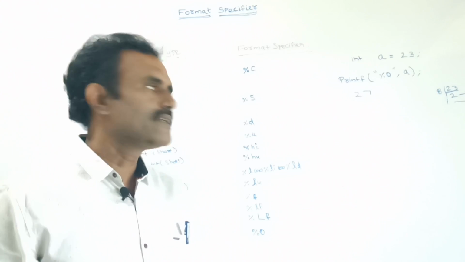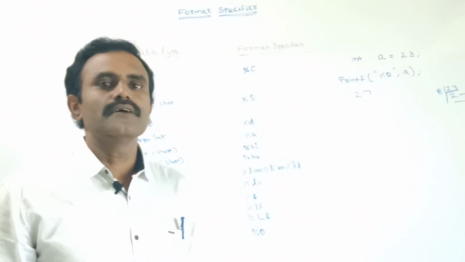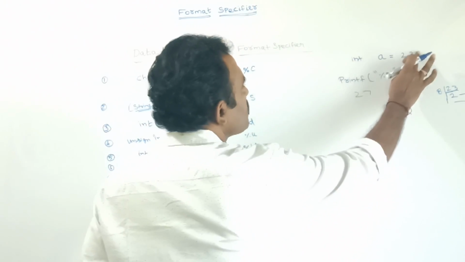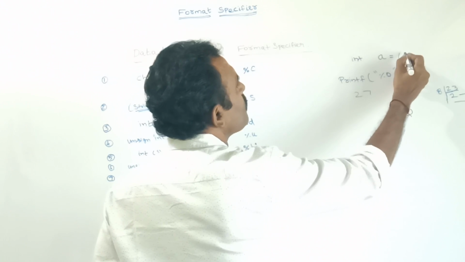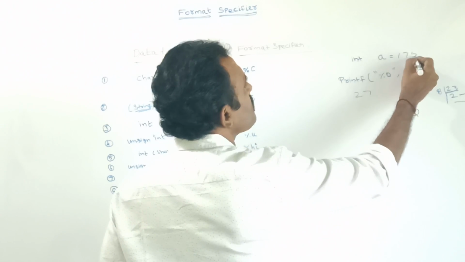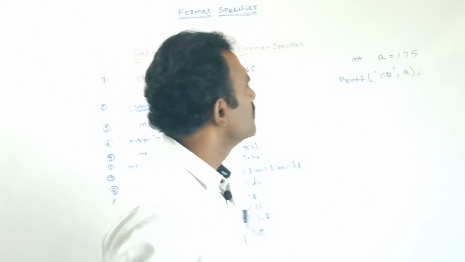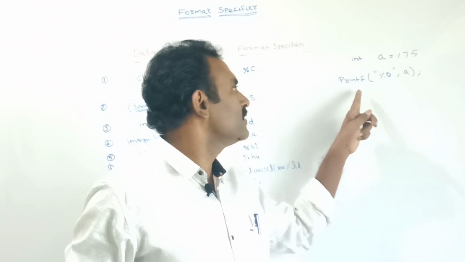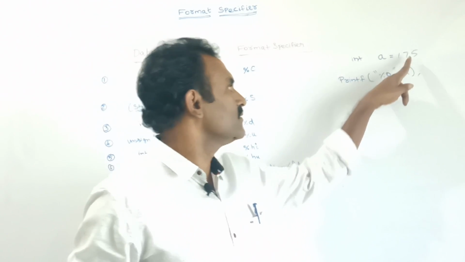Now let us see some more examples. Suppose a is equal to 175. The decimal number is 175, and I want the octal representation of 175.